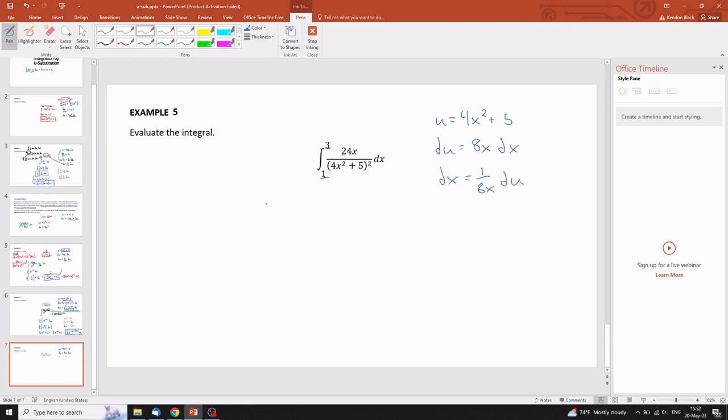And let's make our substitutions. So we have the integral. I'm going to leave the limits alone for now. We have 24x over u squared times dx, which is this 1 over 8x du.